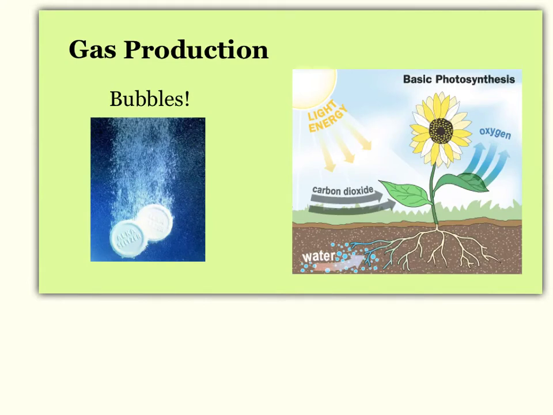The next indication that there's a chemical change is bubbles. Anytime you have gas production from a reaction, then you have more than likely had a chemical change. The example that I want to use is photosynthesis. In photosynthesis, your reactants are carbon dioxide and water.